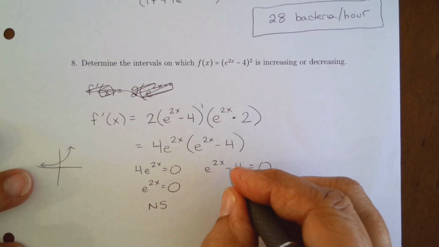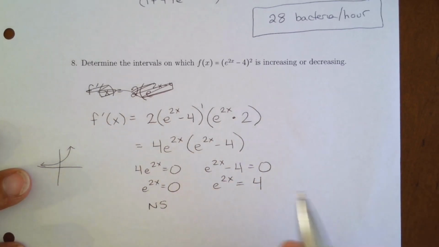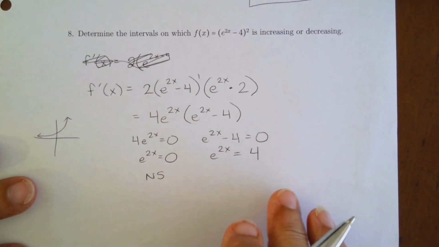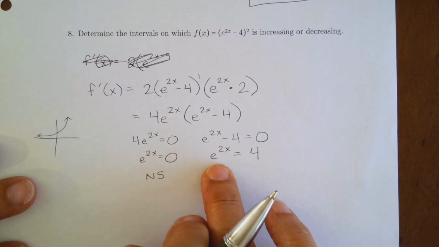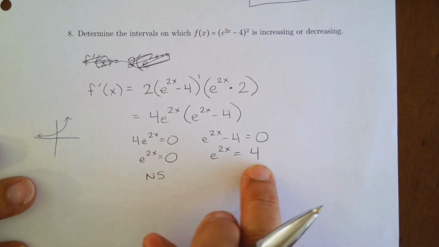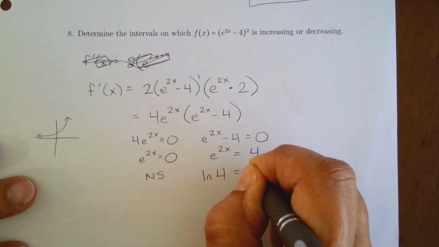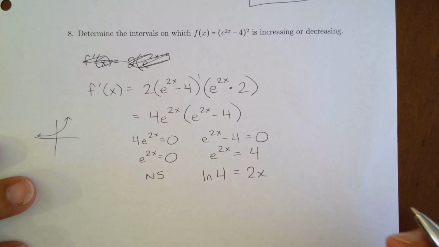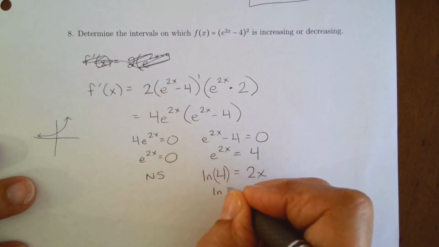But I can solve this one to get my critical number. If I move the 4 over to the other side, I get a positive 4. Now I have to write this as a logarithm, so I'm going to take the natural log of the base, that equals that exponent, and then I'm going to divide by 2. So I can't move that.